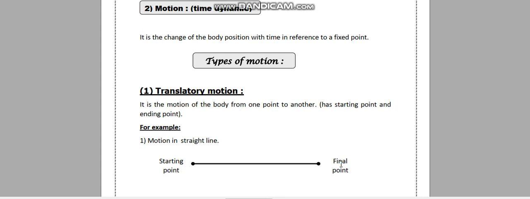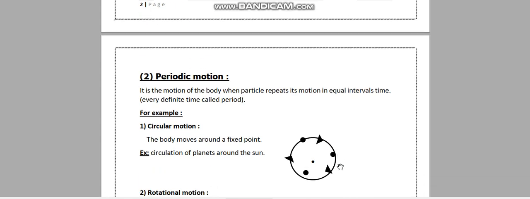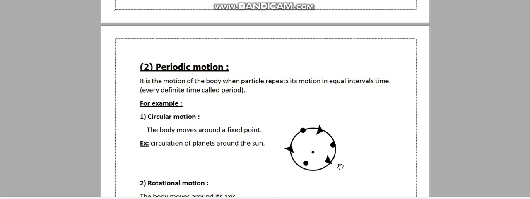So what is the second type of motion we have? We have a second type of motion called periodic motion. So what is the meaning of periodic motion? Periodic motion is the motion when the particle repeats its motion in equal intervals of time.